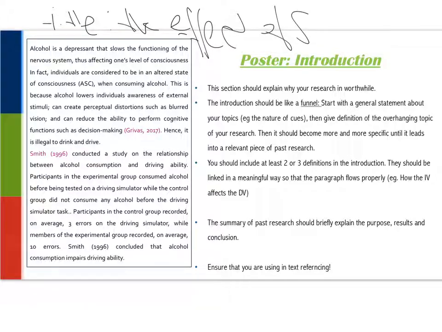So that's going to be the simple IV on the simple DV. For example, your title might be the effect of state-dependent cues on memory retrieval, or context-dependent cues on memory retrieval. So it's going to be a statement, not a question. And of course, remember, we're using simple variables rather than operationalized.